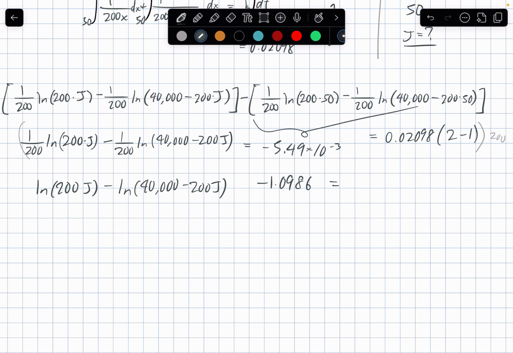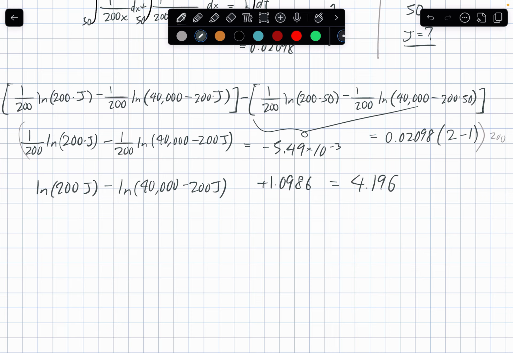Carry on. So this itself is a negative, no? We have a minus. So this is gonna be plus. Okay, so 0.02098 times 200. 0.02098 times 200 is equal to 4.196.